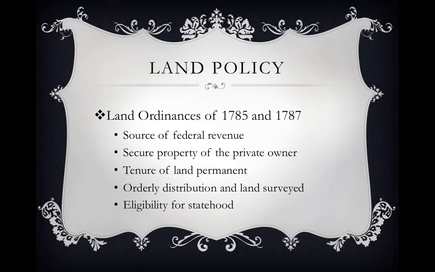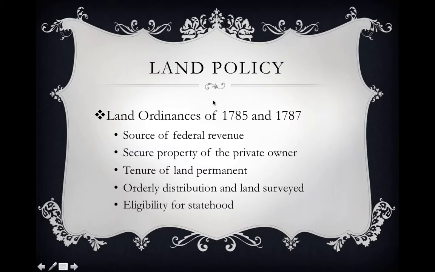It was the federal government's job to survey the land, to lay it out and map it out and say, for example, if I bought land, my land went from point A to point B to point C to point D, and all the land between those 4 points is my land. There's no chance of another individual coming in and saying, well, no, you don't own that portion of land, I do. So by surveying the land, it broke the land up into different plots and allowed for the orderly distribution.